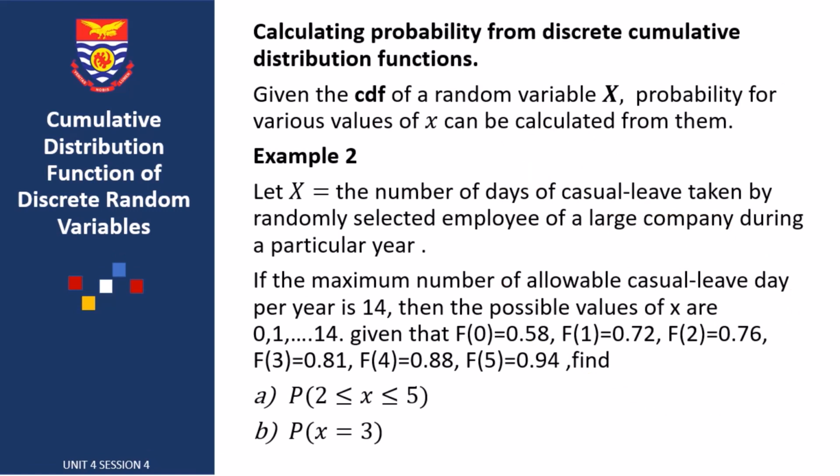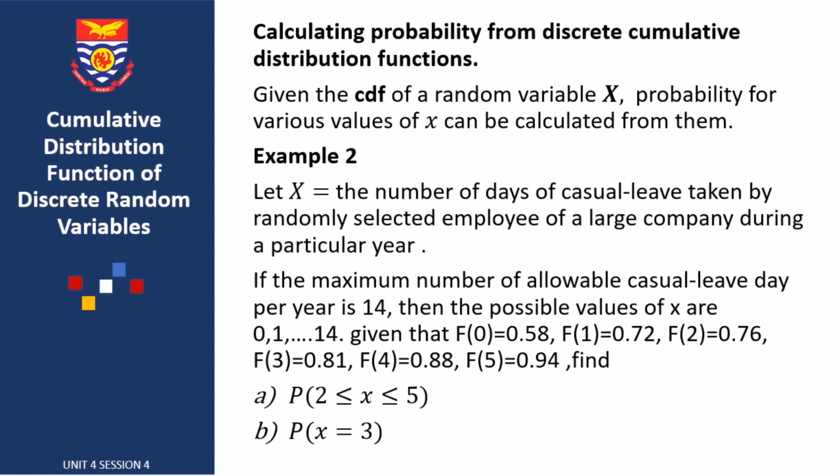There's also something interesting from our targets that we want to hit. So the objective, we say that we should be able to calculate probability from a discrete cumulative distribution function.